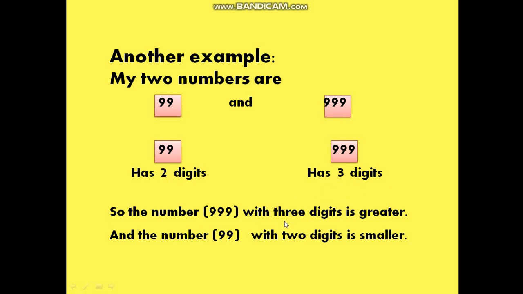So again this rule applies. Because 999 is a three-digit number, it is greater, whereas 99 is a smaller number.